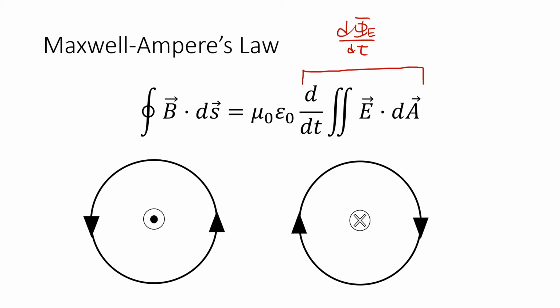If you know the shape of B and you want to find the magnitude, then you can use this. So for a capacitor, you have a capacitor like this. You know that the magnetic field is in a circle, but you don't know which direction. It's either that way or the other way. We can find out using Maxwell-Ampere's law.